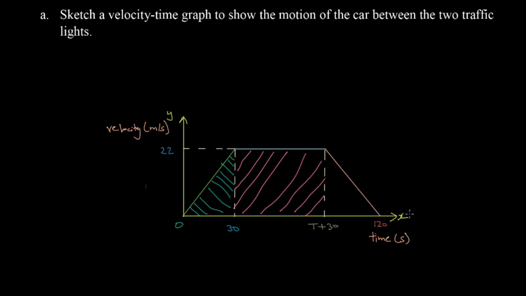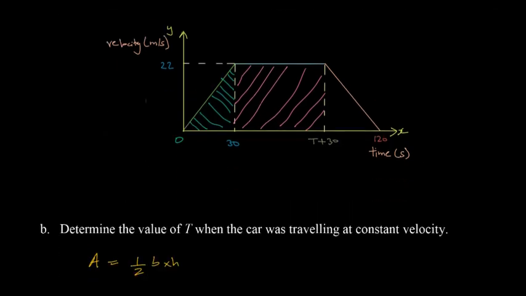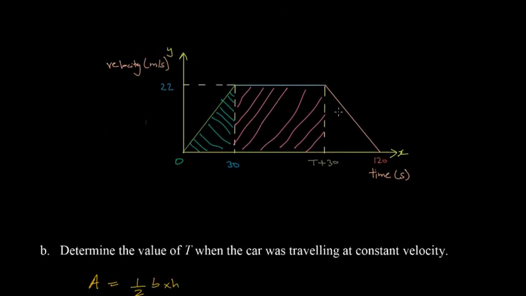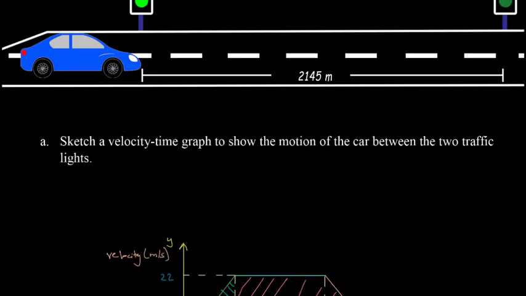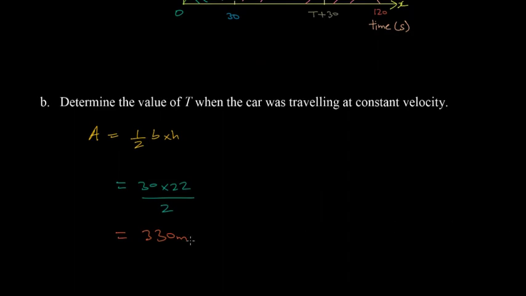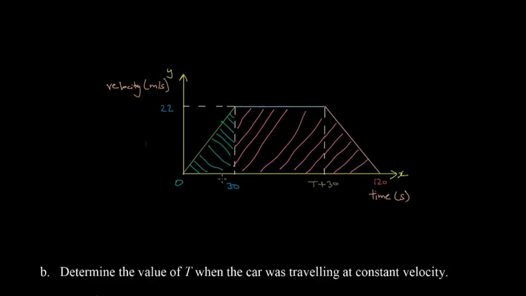Since the total distance is 2,145 meters, if we subtract the distance traveled in the first 30 seconds, we can find the distance traveled from 30 to 120.